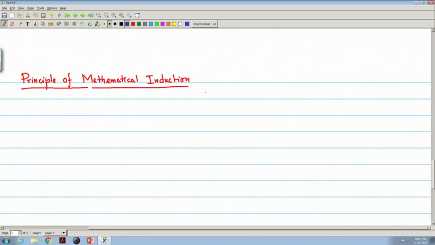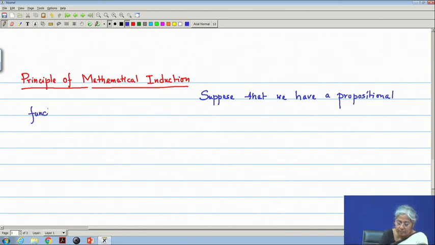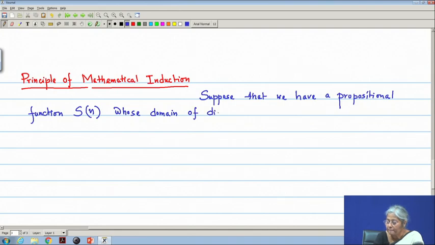Suppose that we have a propositional function, let the function be Sn, whose domain of discourse is the set of positive integers.